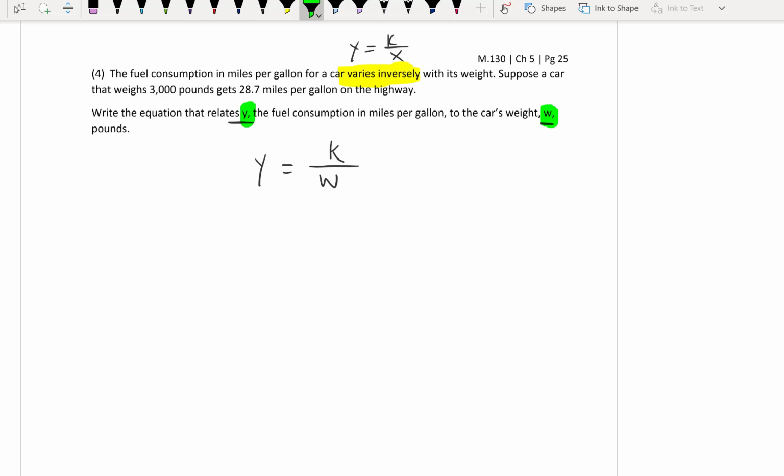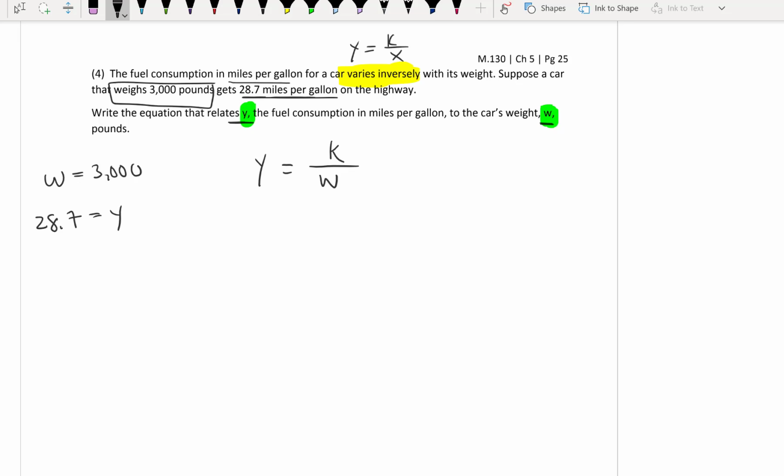So what do we know? Well, we know, suppose a car that weighs 3,000 pounds. So here is a weight. So my w is equal to 3,000. And here I'm going to get my 28.7 miles per gallon. So 28.7 miles is going to equal my y.